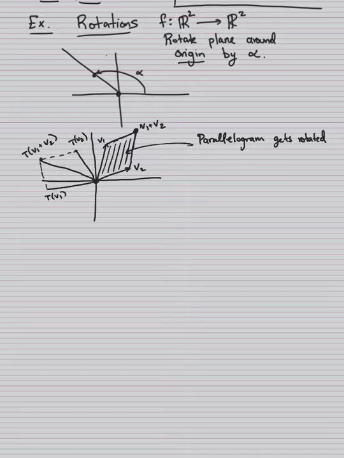Working this out with equations is terrible. You can do it, but writing down what this rotation is actually doing to all these points, I'm not going to bother with. The picture is the one to keep in mind.